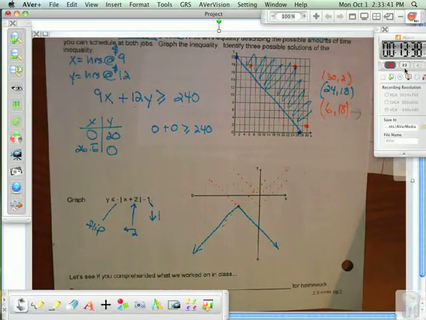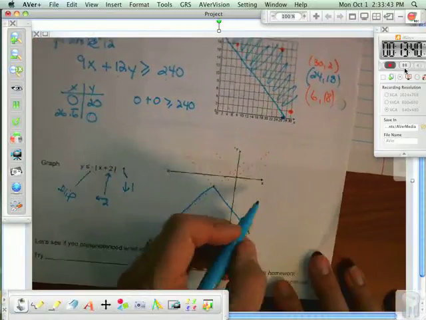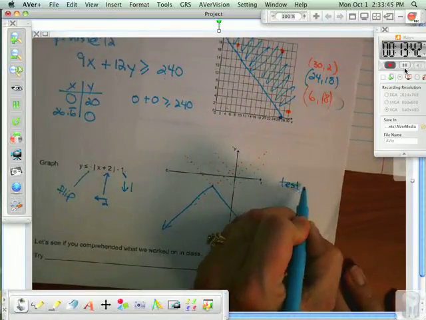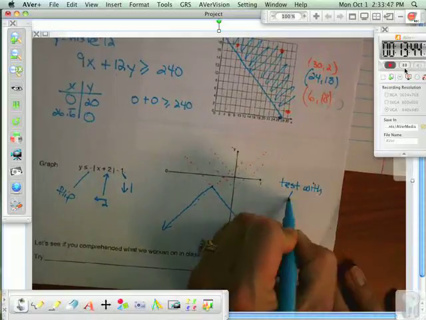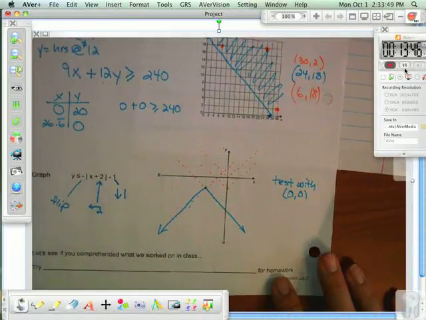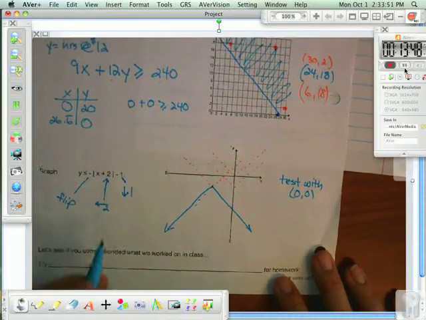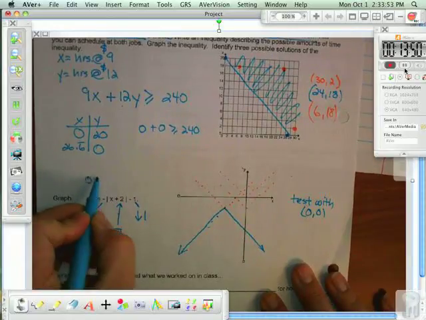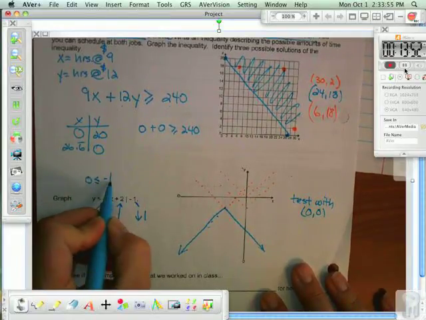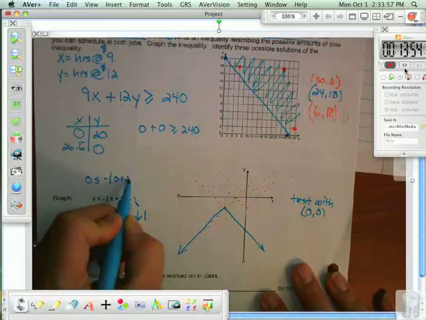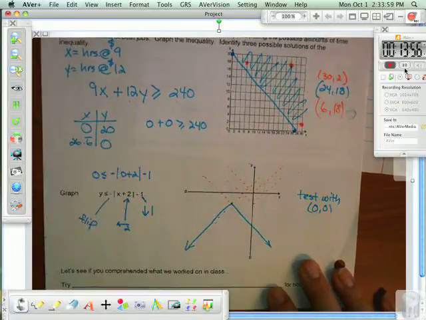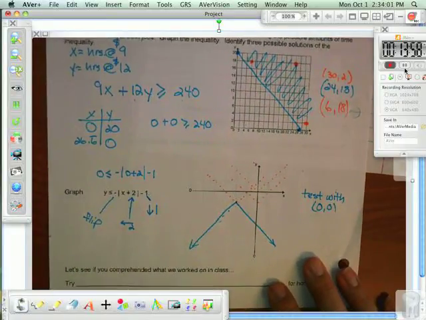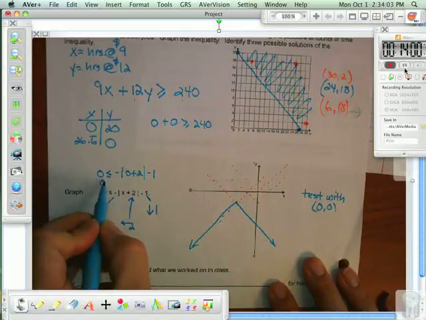Okay. So you can test with 0, 0. Test with 0, 0. Okay? Or any point. So let's plug it in. 0 is less than or equal to negative absolute value of 0 plus 2, minus 1. 0 is less than or equal to, let's see.